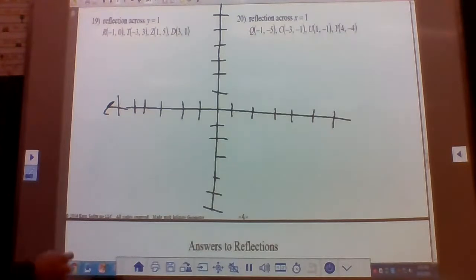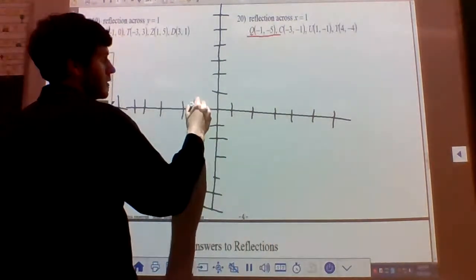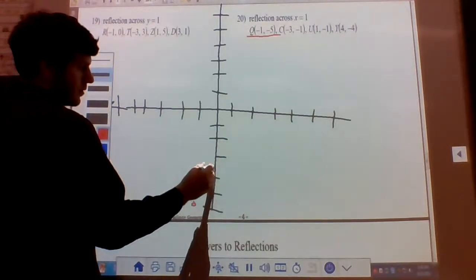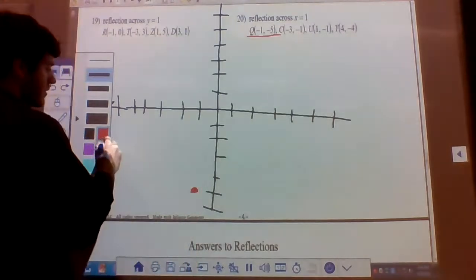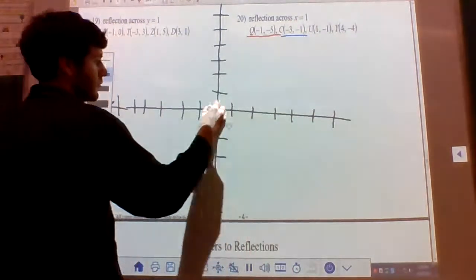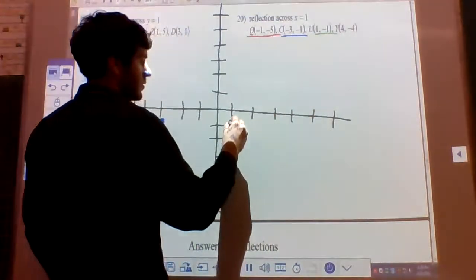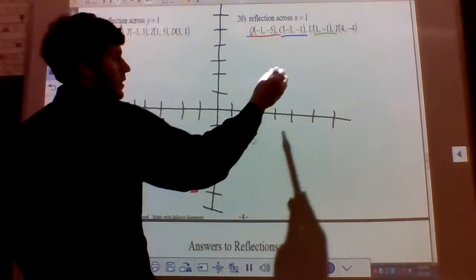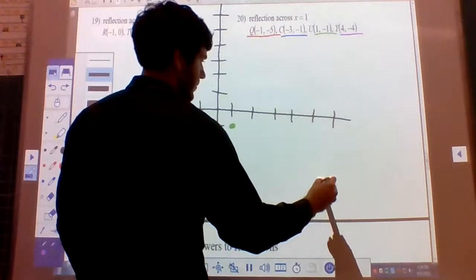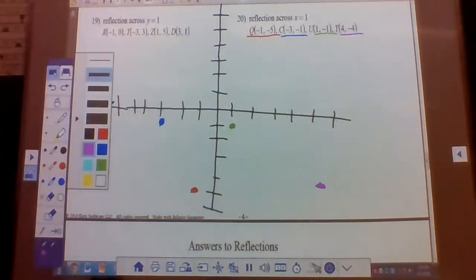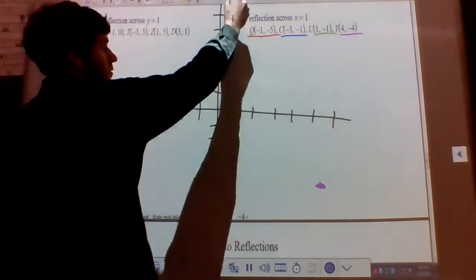Okay, let's plot our points. -1, -5. -3, -1. 1, -1. We want to reflect across the line x equals 1. That's going to be this line right here.